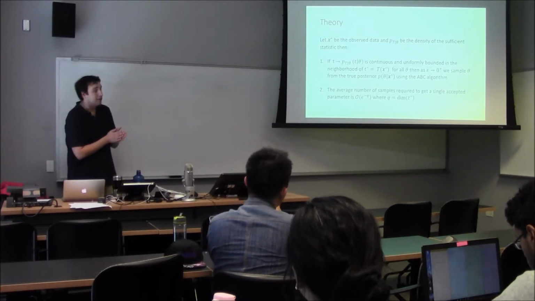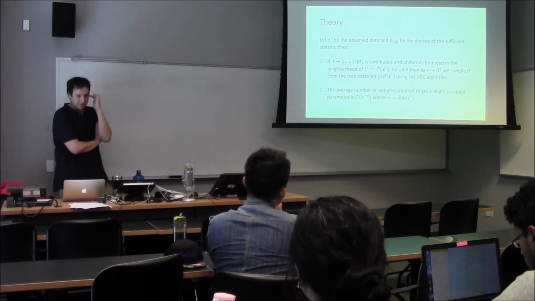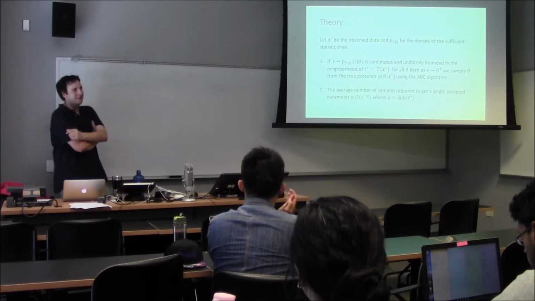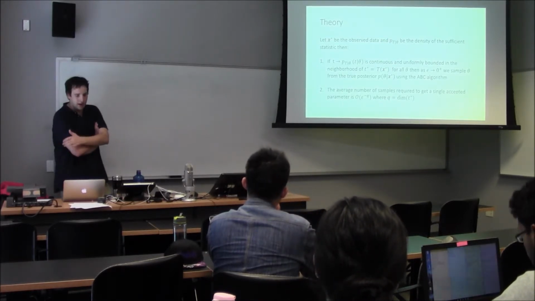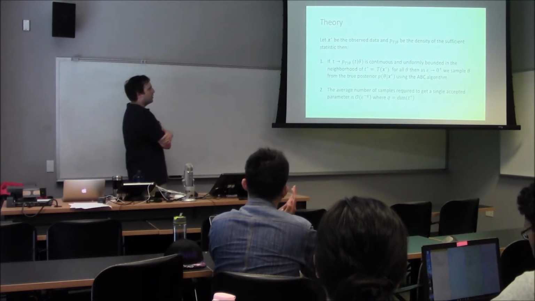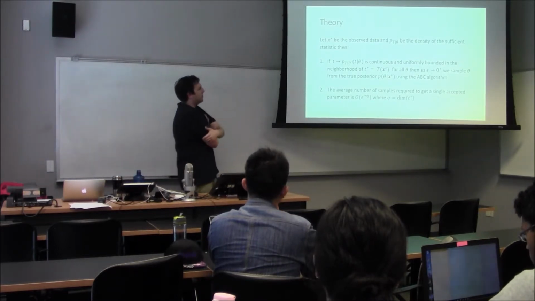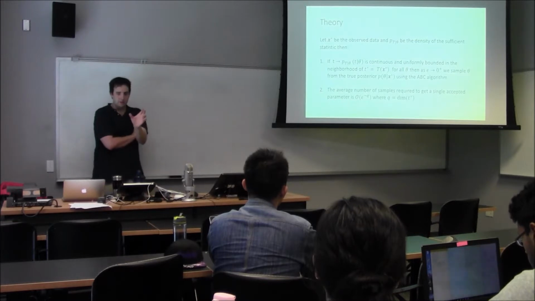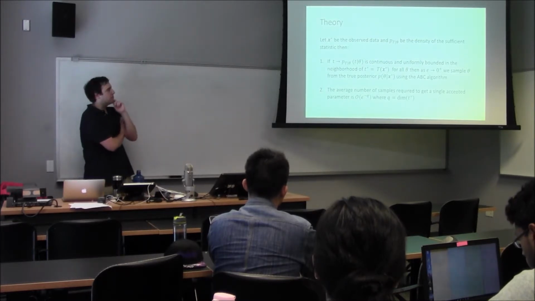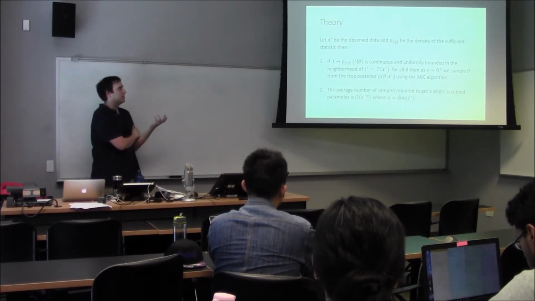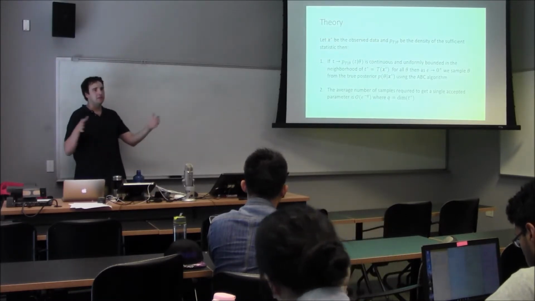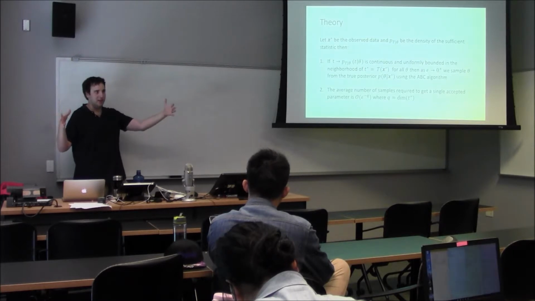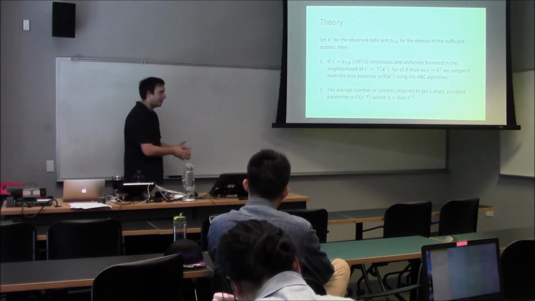All right. Now to a little bit of theory, not too much. Does this actually work at all? You can prove a theorem where, say, you've observed X star as the data, and you have some density for your sufficient statistic. Just remember this generalizes, since the whole sample is a sufficient statistic for the parameter.